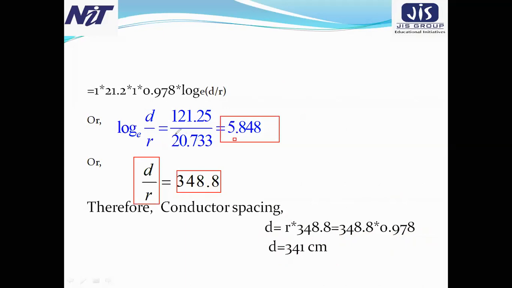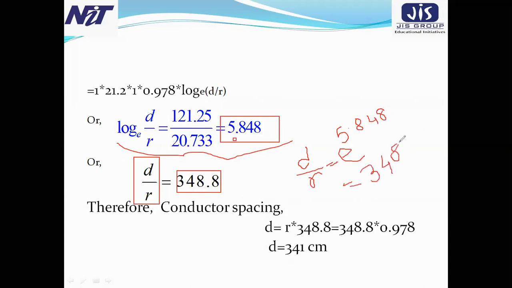So in this way, you all know the equation of this part, log d by R to the base e equals 5.854, that is d by R equals e to the power 5.848, that is equal to 348.8.